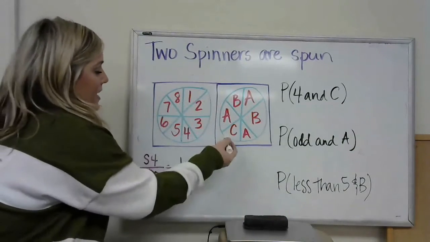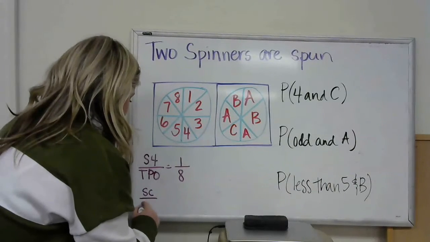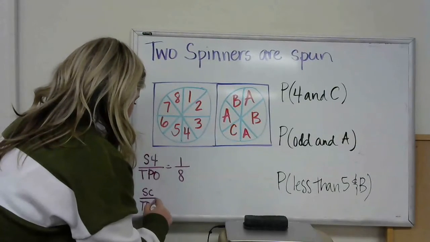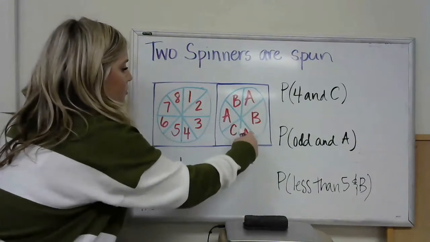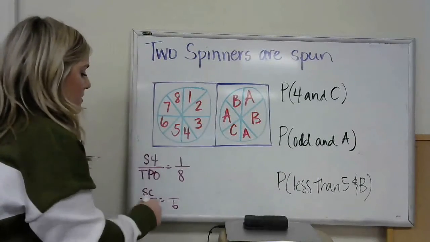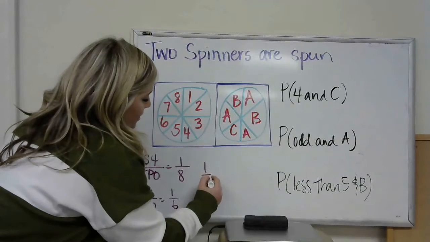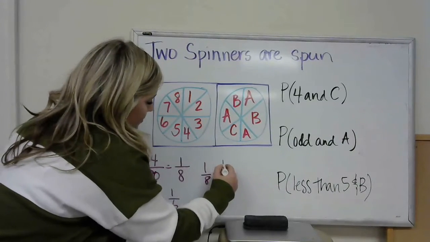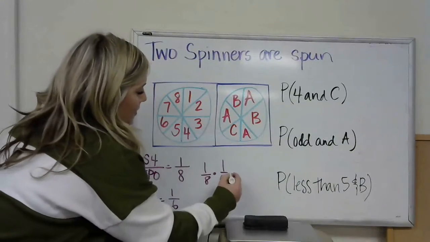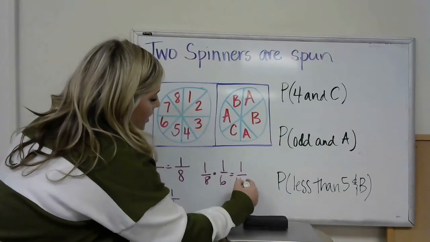Now, the letter C: spinning C out of total possible outcomes. There are 1, 2, 3, 4, 5, 6 total possible outcomes, and there's only 1 C on this spinner. To figure this out, I'm going to do 1/8 times 1/6. 1 times 1 is 1, and 8 times 6 is 48.